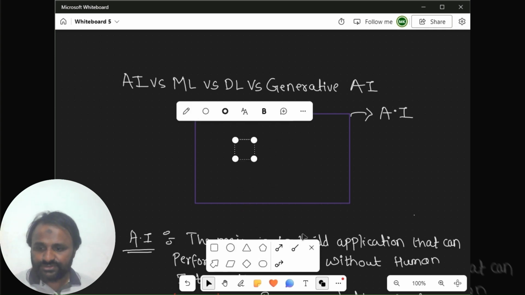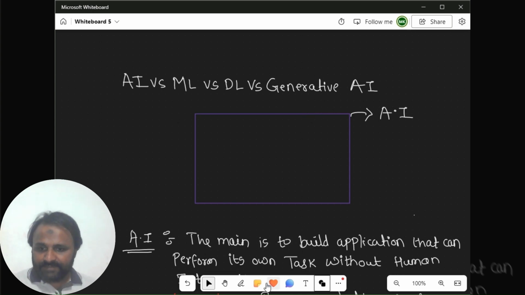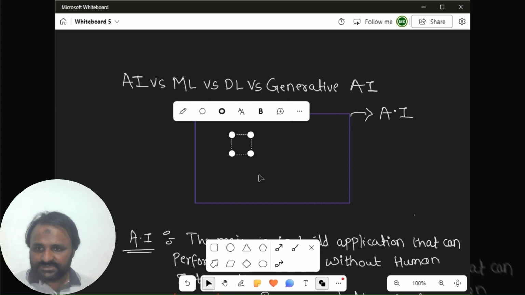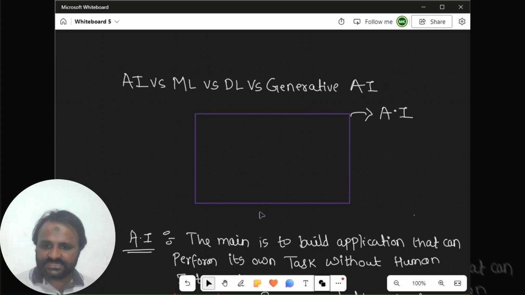So this is not going to be acceptable. I'm going to take a different structure here, or a different oval. This is not quite an oval, but let it be.